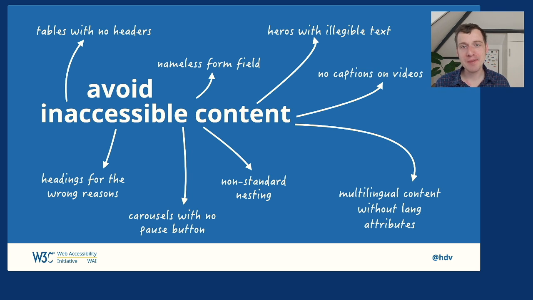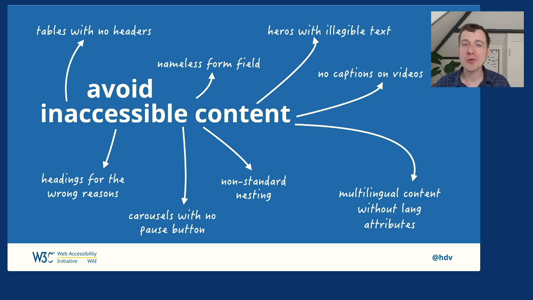So a CMS that really helps you get your accessibility right will maybe warn you about these kinds of mistakes, or it will generate markup that doesn't have these problems, and provide templates that come with the right stuff. So that's what this is all about. We want to avoid inaccessible content for our end users ultimately, and we want to help the people that are using our products, like our CMS or our plugin or our theme.